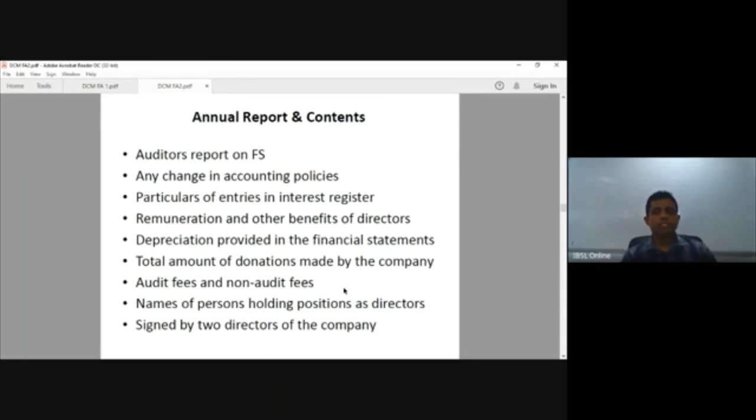They may express a qualified opinion or unqualified opinion. Qualified opinion means that is not a good opinion. Unqualified opinion means that is a good opinion. There may be some material misstatement. They may express those things also in their opinion. Auditors are free to express their opinion, taking into account the sample that they have audited. The entire population they won't audit, no.